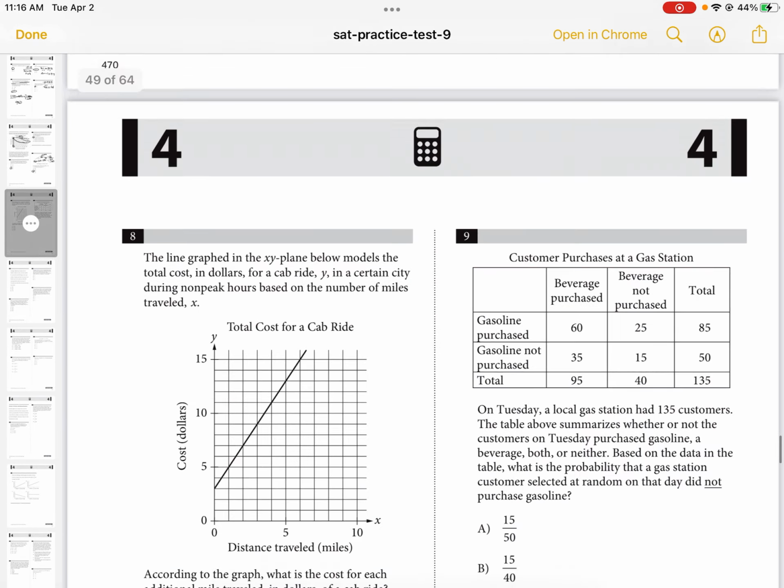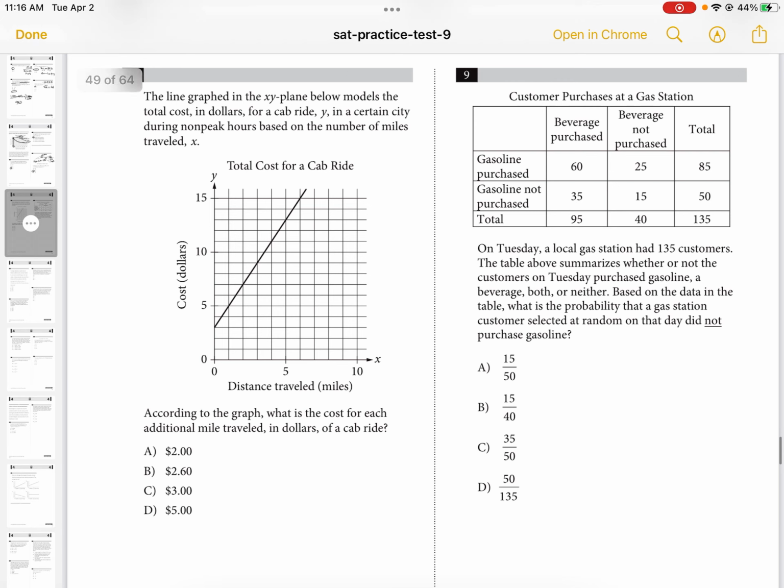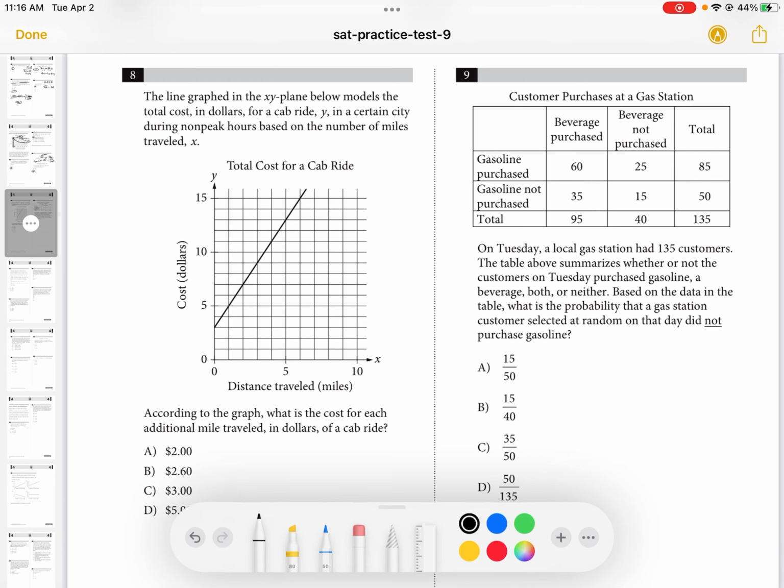I circled 80, right? Okay. Number 8. The line graphed in the XY plane below models the total cost in dollars for a cab ride Y in a certain city during non-peak hours based on the number of miles traveled X. According to the graph, what is the cost for each additional mile traveled in dollars of a cab ride? Okay, so if we travel 0 miles, we have a $3 base fare.